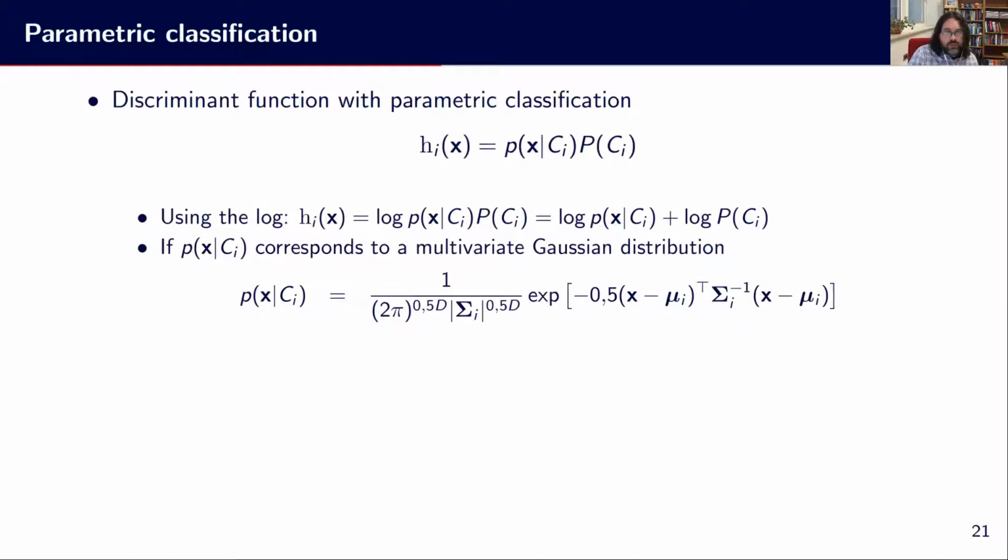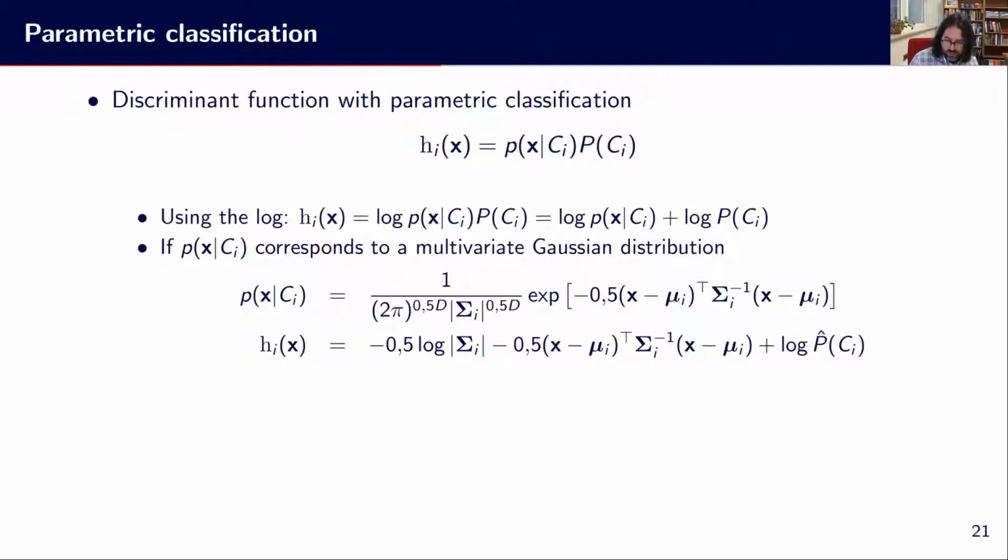If we assume that P of X given Ci corresponds to a multivariate Gaussian distribution, what we saw last week, it's basically that thing here. We can get as equation that other thing. So hi of X is that. We are just applying the log over the multivariate Gaussian distribution function plus the log of the prior, and we have a new h that is that thing here.